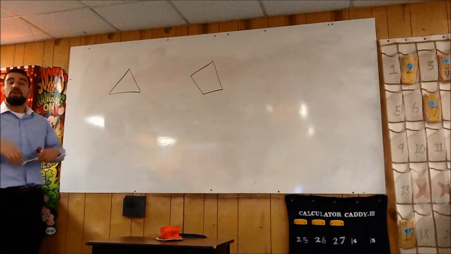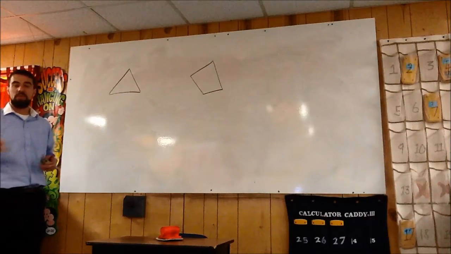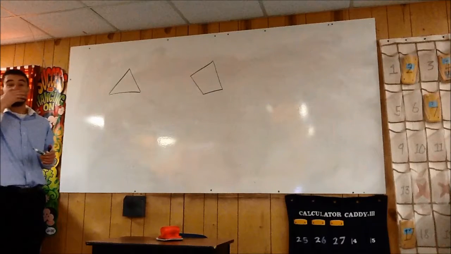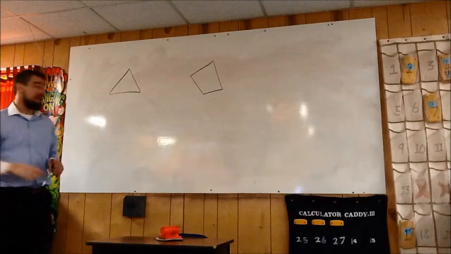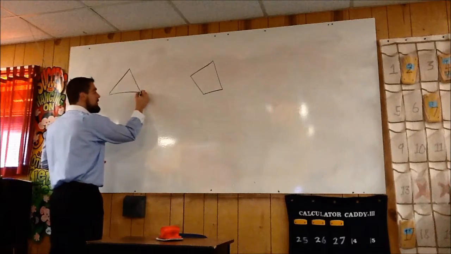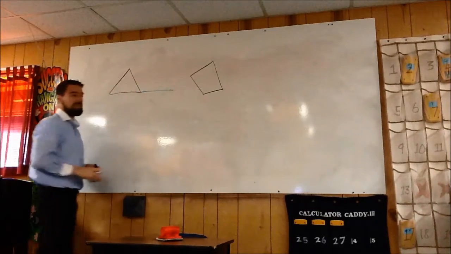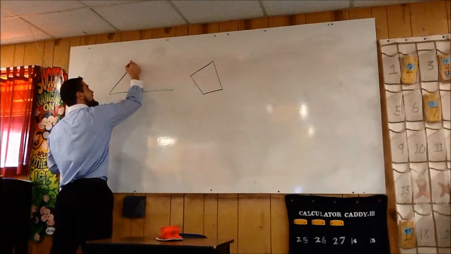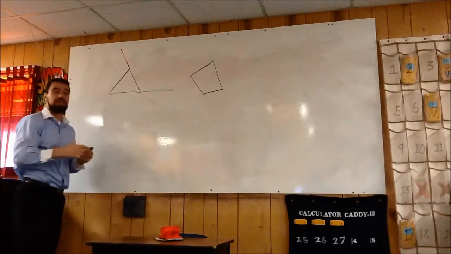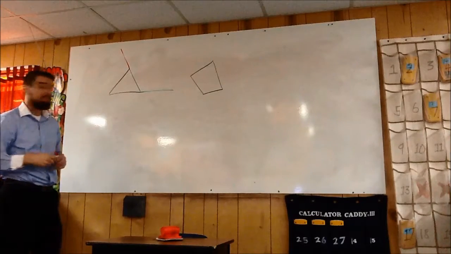And we said that we create an exterior angle by doing what? Yeah, you extend it, right? So you extend this side, and we extend this side, and make sure that you're extending in the same way.